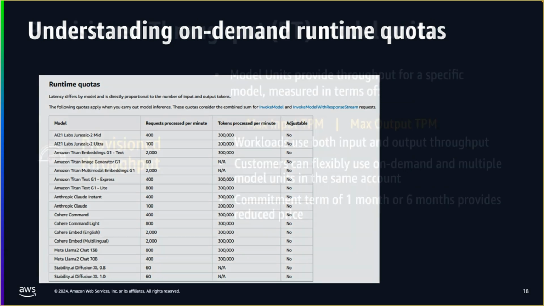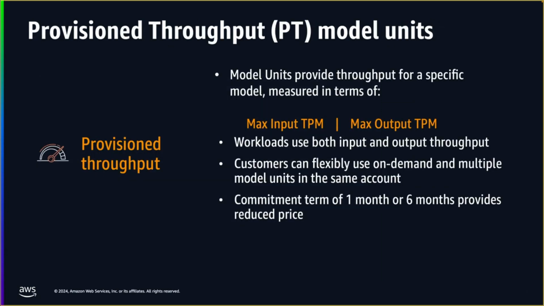Or you can consider provisioned throughput. You select the amount of model units which you want to use, and it basically represents a dedicated processing capacity allocated to run your inference workloads. And this capacity will determine how many requests you can process. But that part will depend on the exact model which you selected.